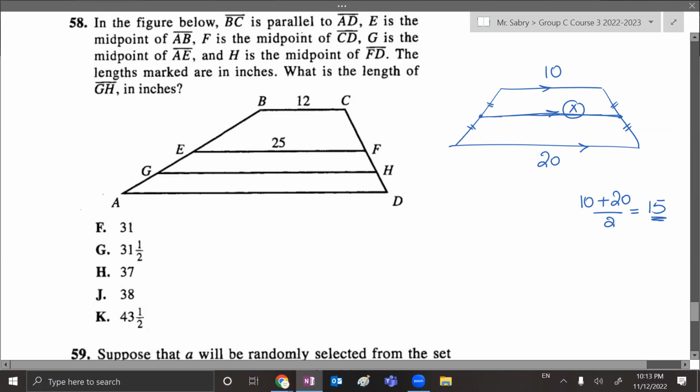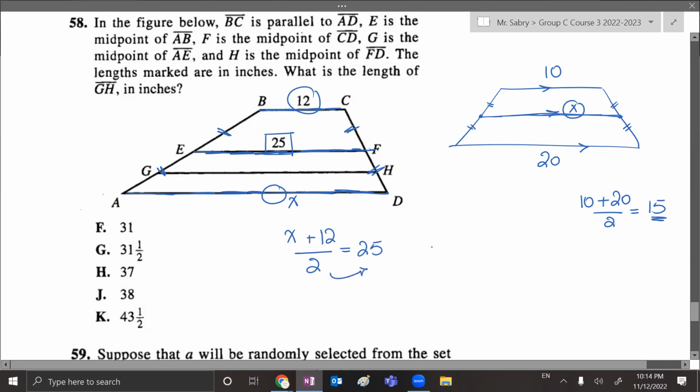So if we're talking about this one and this one, and here EF is what's connecting the two midpoints, which means that this side plus this side, which I don't know, over 2 should give me this middle number. 12 plus the other side, which is x, over 2 should give me the measure of the middle side here, which is 25.